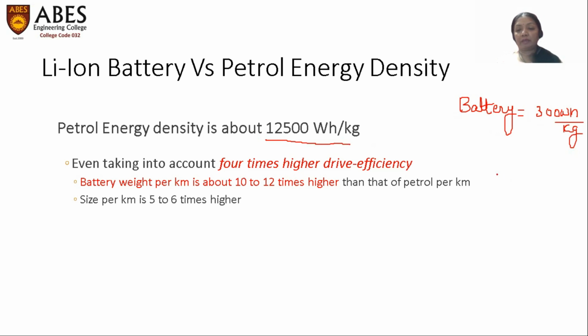If I compare the gravimetric energy density of petrol and the battery, it is petrol upon battery, so 12500 upon 300, because it is likely to go up around 500, but presently this is not 500.